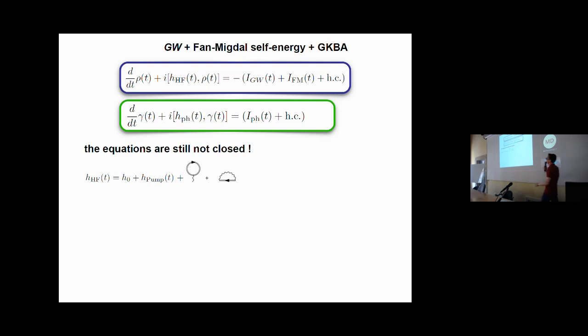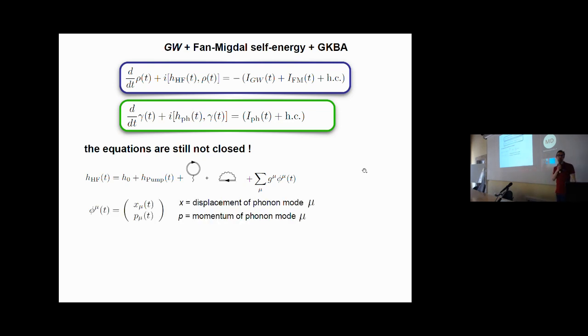Because if you write the Hartree-Fock Hamiltonian now, because of electron-phonon coupling, it acquires an extra term, which is called the Ehrenfest potential, that depends on the coupling of electrons with the classical displacements of the nuclei. So it is obvious that to close this equation, we need an equation of motion for the displacement field phi.